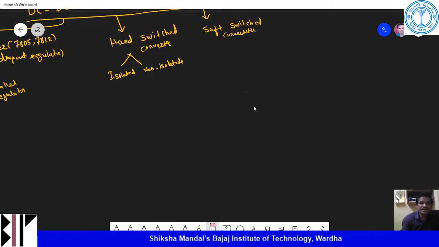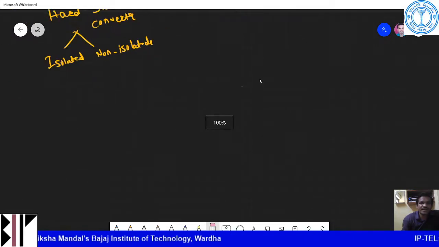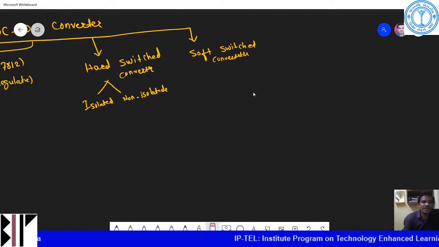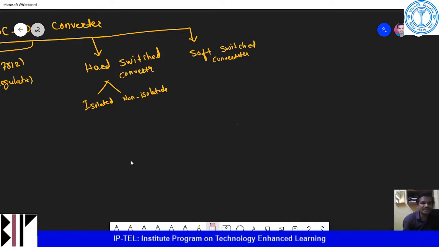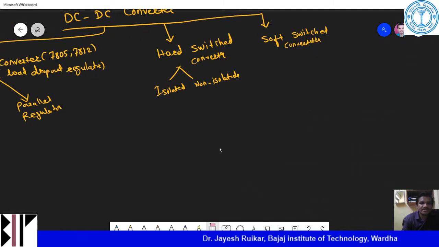You can see that in the hard switch converter, we have two types of converter, that is isolated and non-isolated converter. Isolated converters are of two types.